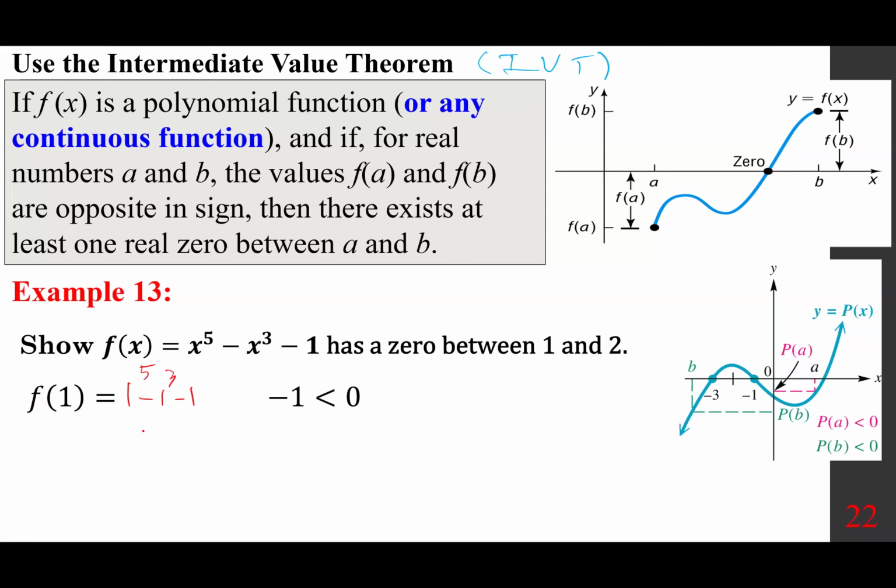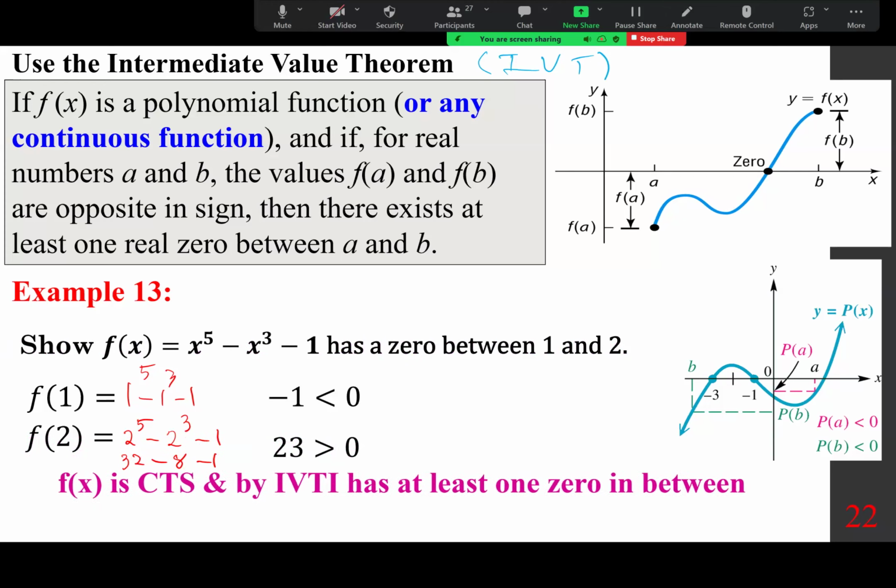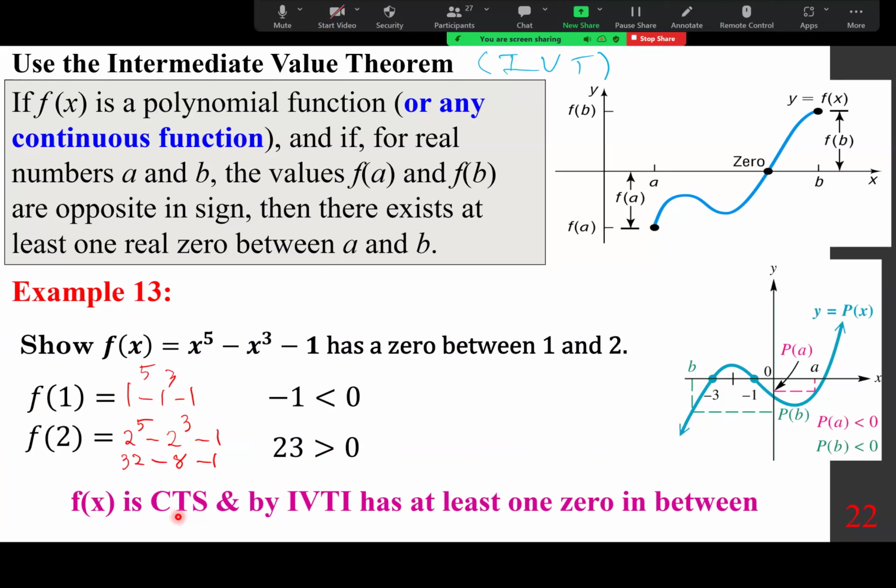Let's look at 2. 2 to the power of 5 minus 2 cubed minus 1. This is 32, this is minus 8, this is minus 1. 23 is positive. F of x is a continuous function, and by IVT, it has at least 1 zero in between. Please understand, why is this continuous?